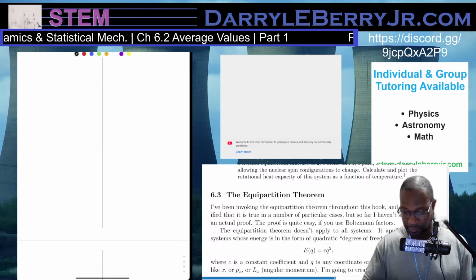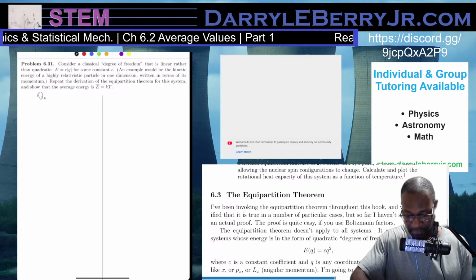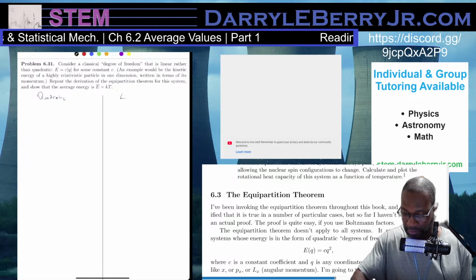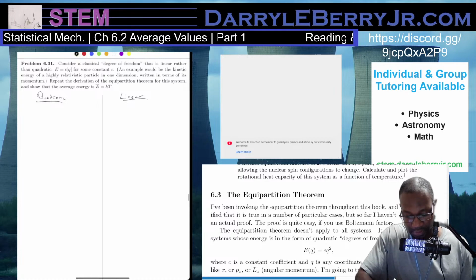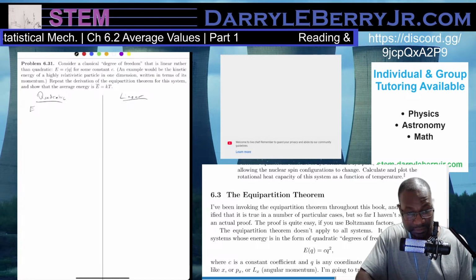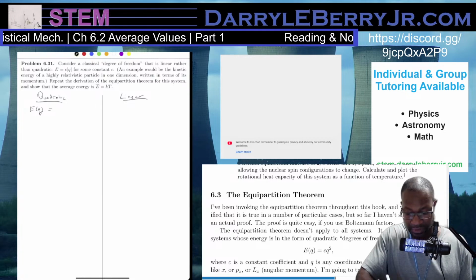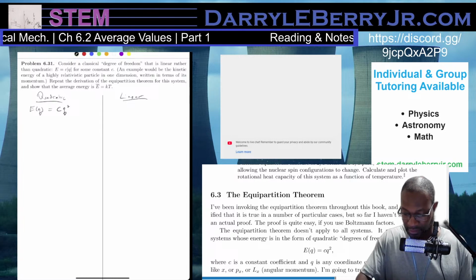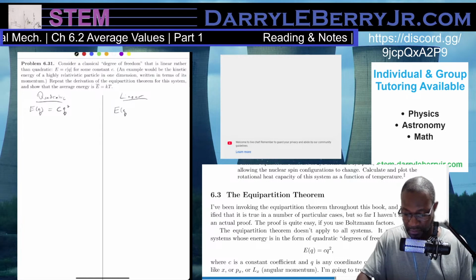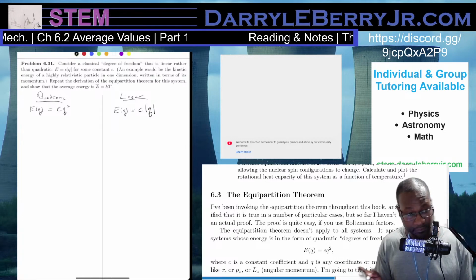So, the equipartition theorem. I'll put quadratic and linear. The linear one is the one that we need to do for this problem. So the quadratic degrees of freedom, you can see in the book on the left, is E equals c q squared, and the linear is E equals c times the absolute value of q.